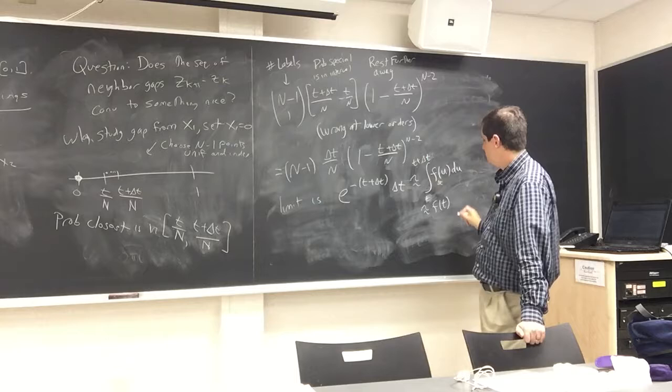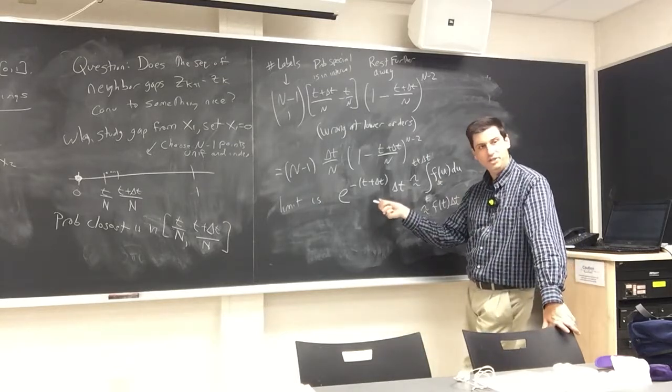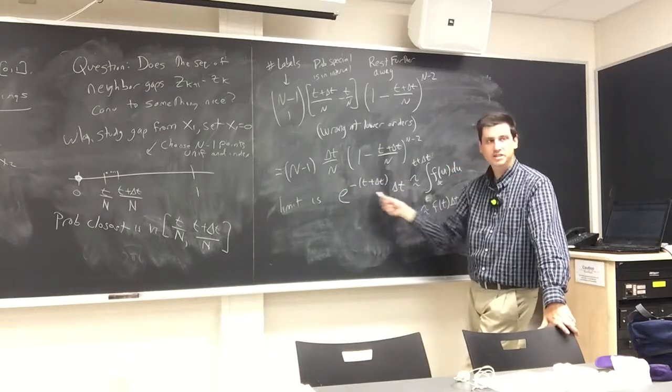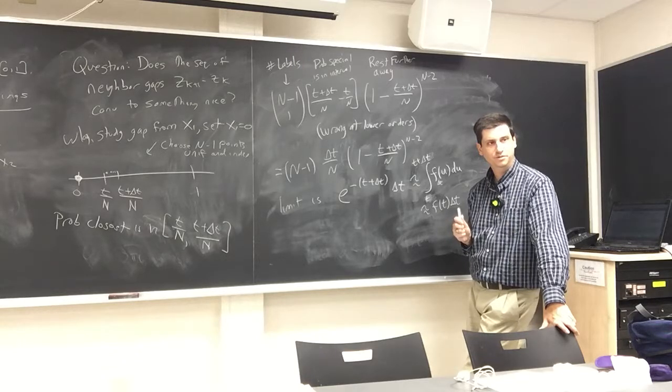Sorry, this should be approximately f of t delta t. So if I want to sniff out the probability density, this should be approximately the probability density times delta t. So what do you think the probability density is converging to?